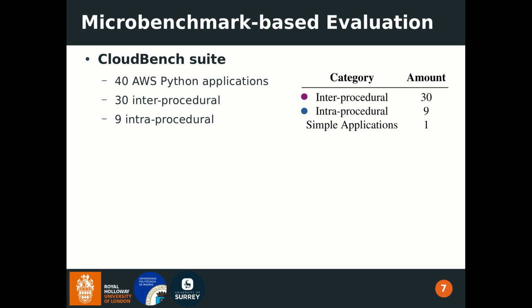We make this choice to enhance the quality of our suite, as interprocedural data flows, as shown by our motivating example, are hard to detect. Regarding the vulnerabilities included in CloudBench, we have 27 cases of code injection, considered by industry experts as one of the most critical risks for serverless applications.